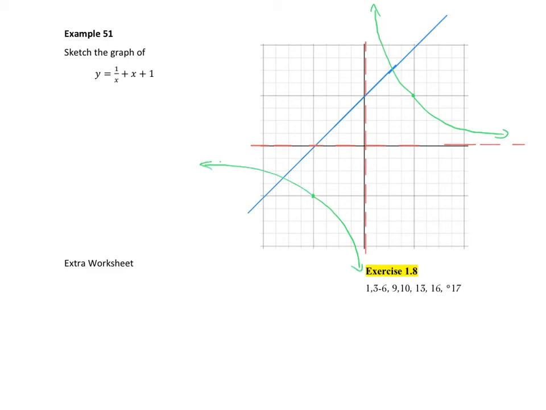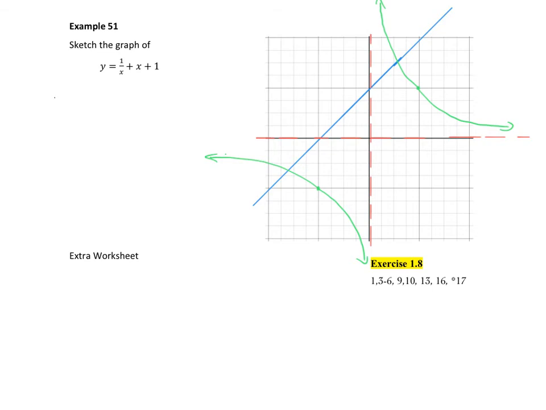Yeah. So now let's grab a different color pen and we add the ordinates. By add the ordinates, we mean we go to each x value. So let's plot a few points. At x equal to 0, we have an asymptote, so we don't have to worry about that.